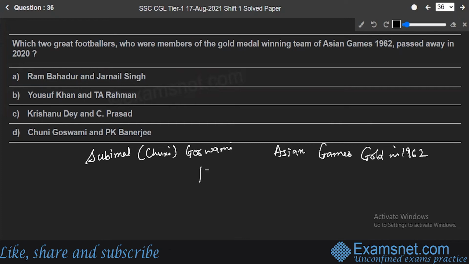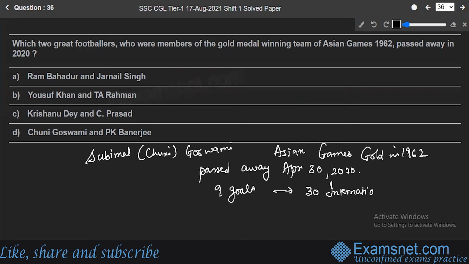He passed away on April 30, 2020. He scored 9 goals in 30 international appearances. He was also the first cricketer playing Ranji Trophy for Bengal. Also, let's talk about PK Banerjee. That's Pradeep Kumar Banerjee.